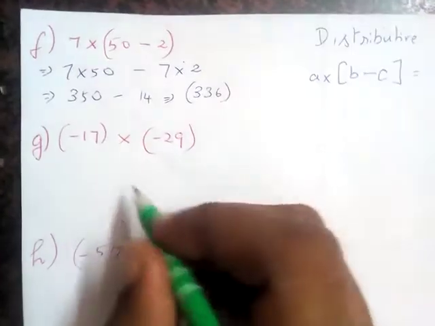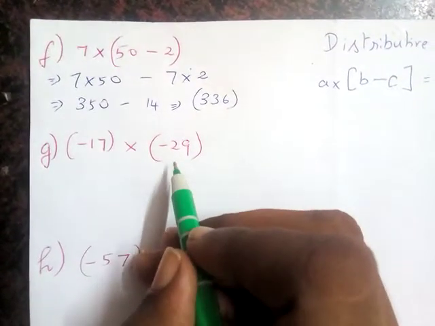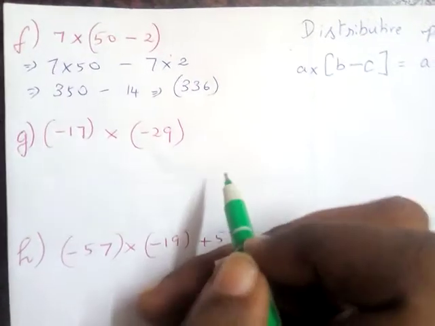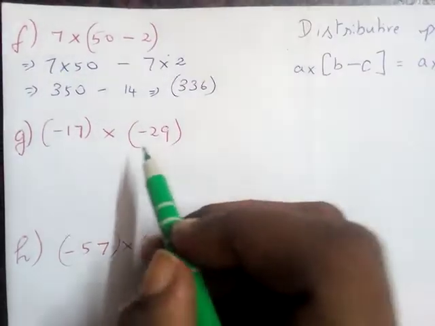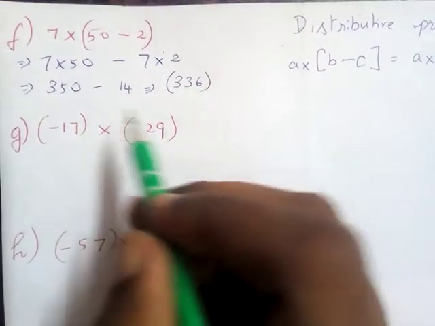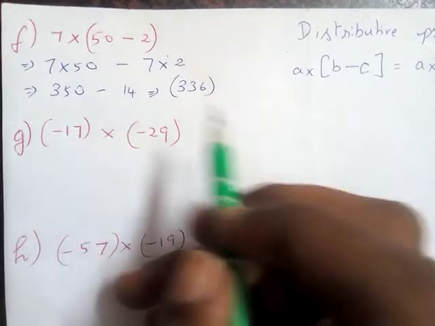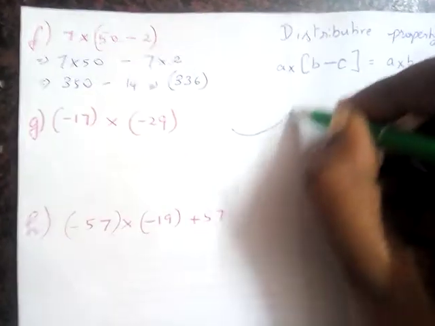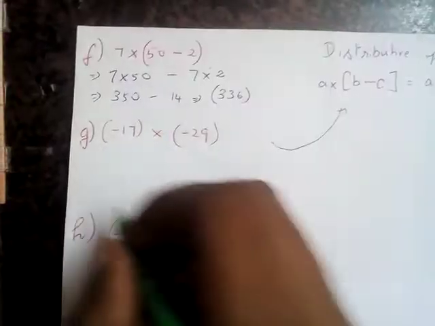The next question, G: minus 17 into minus 29. Multiplying these two is quite a big process, so you can use minus 30 plus 1, so that 30 into 17 and 1 into minus 17 is much easier. So you have to again use the distributive property.